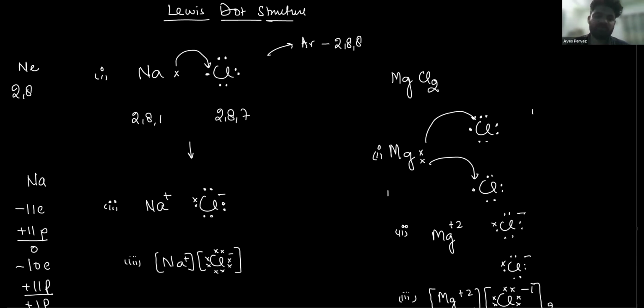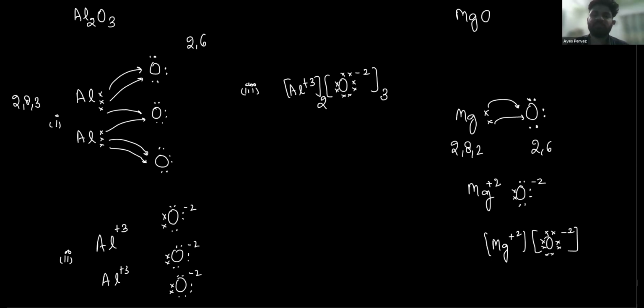These are the Lewis dot structures of some elements that we have discussed. Now we have studied the chemical properties of metals and non-metals. Now the topic is why ionic compounds, which I gave you in the homework.